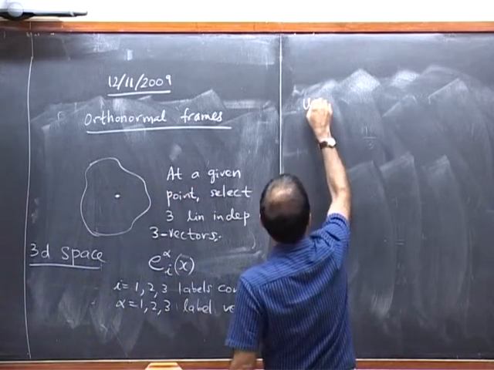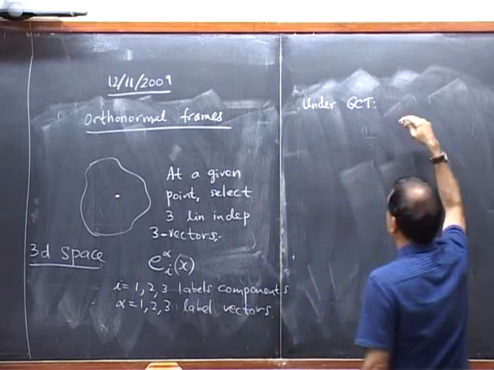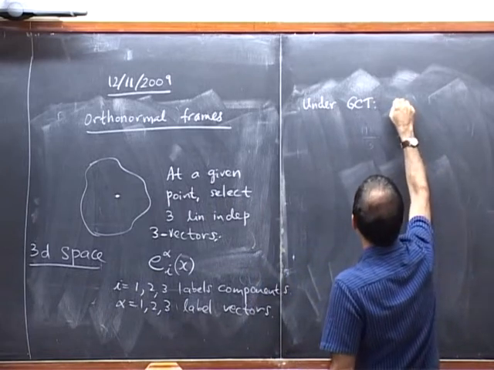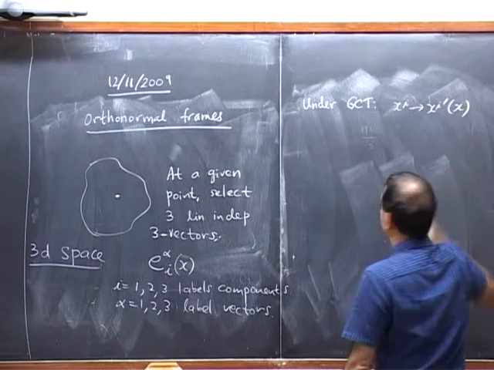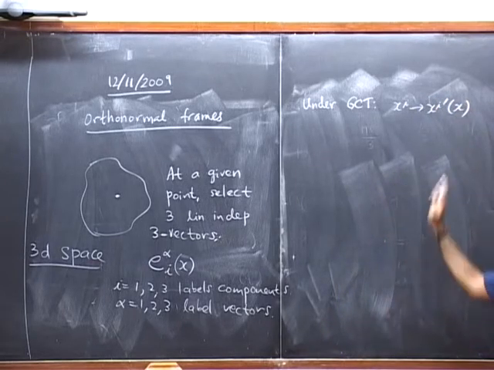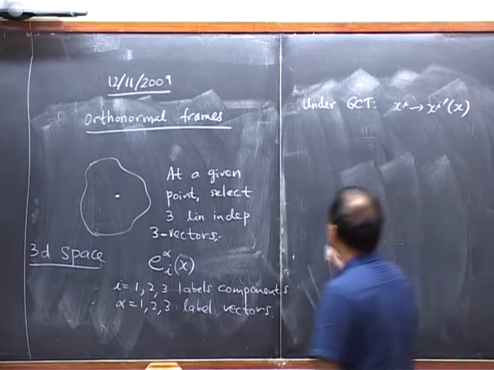So under GCT, and today I'll talk about general coordinate transformations a lot, so I'll use GCT, x^i goes to x'^i of x. In a few minutes we'll generalize this to space-time, but right now we'll just be in space because it's easier to talk about that.